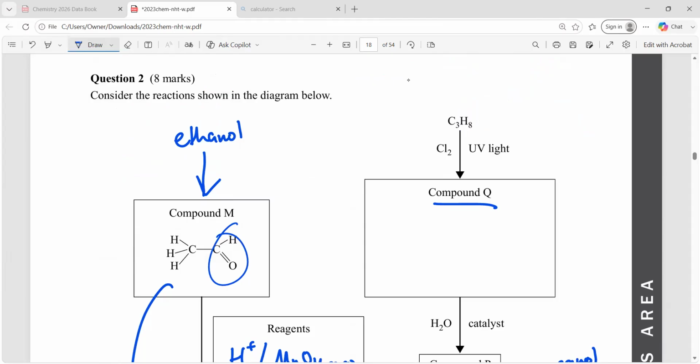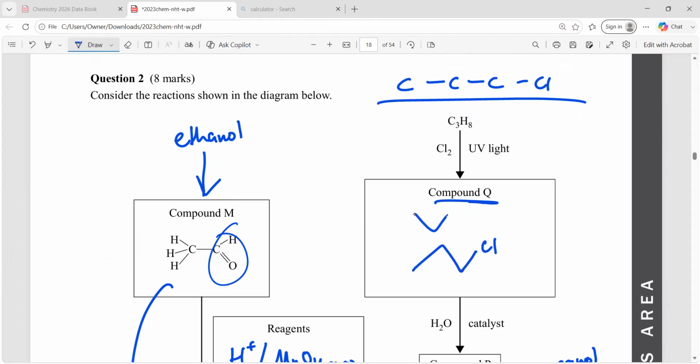Okay. So I like to draw out the structure first, before actually writing the skeletal formula. But basically speaking, skeletal formula is really simple. I just look at the structural formula whilst writing the skeletal formula. So it'll just be this, and then Cl, or this, Cl. Okay.